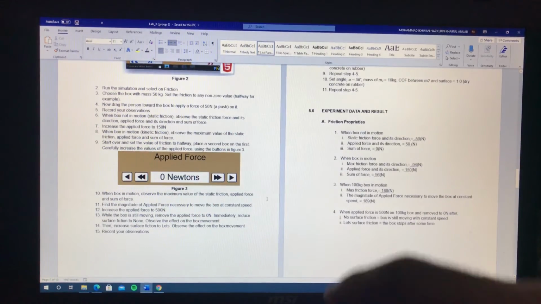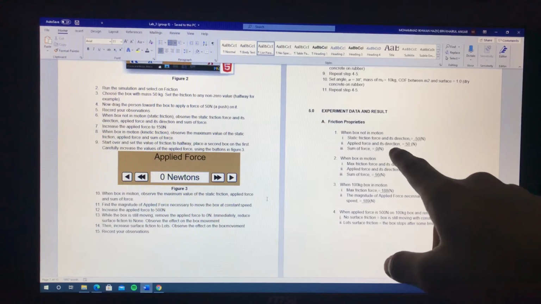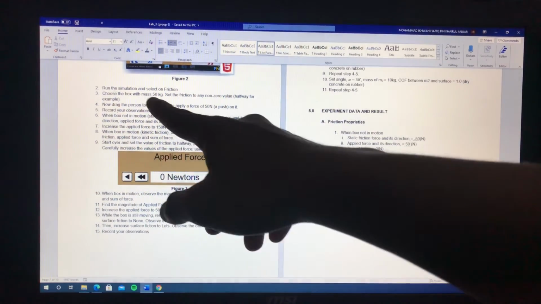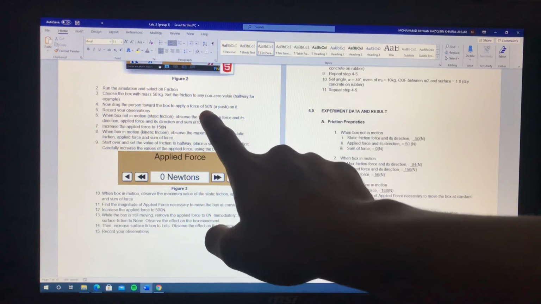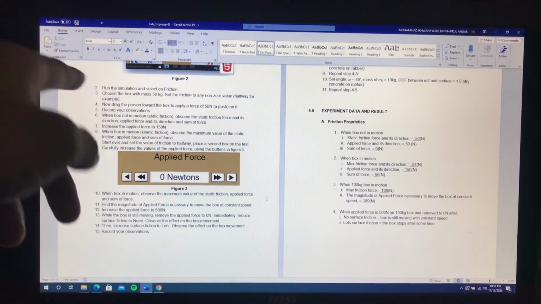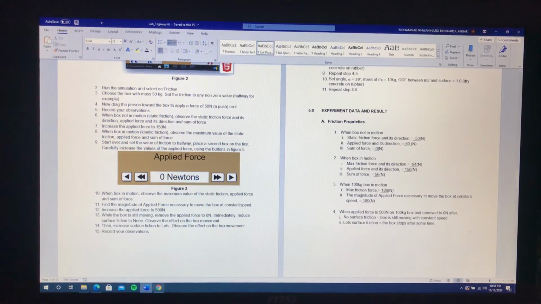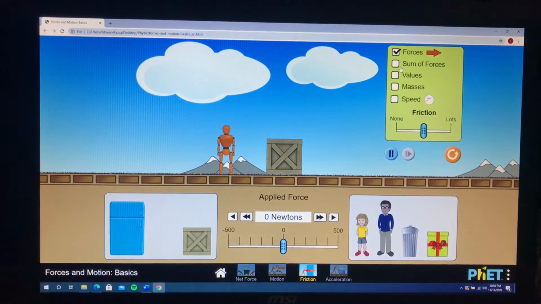the experiment says when the box is not in motion, apply force in direction of 50 Newton, using the mass of 50 kg.